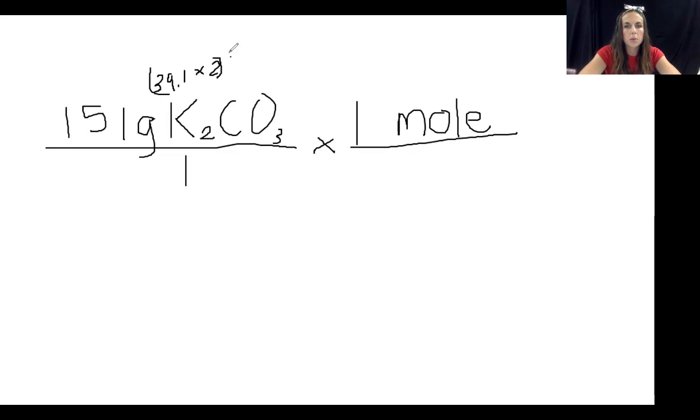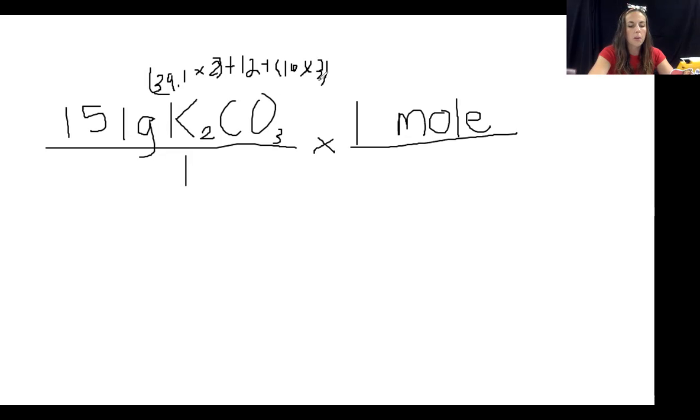Added to carbon is, let's see, 12. And that's going to be added to oxygen, I believe is 16. Yep, 16. And I'm going to put it in parentheses because we're multiplying 16 by 3 because I have 3 oxygens. Okay, so that's how I add up my molecular mass.